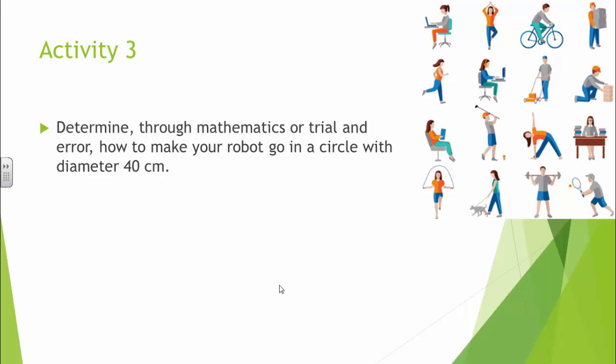If you've made it through all those activities, you can also go ahead and use math. Take the radius of your wheel. Try to calculate how to make your robot go in a circle with diameter 40 centimeters. If you're not real good with math, you can always just do trial and error.